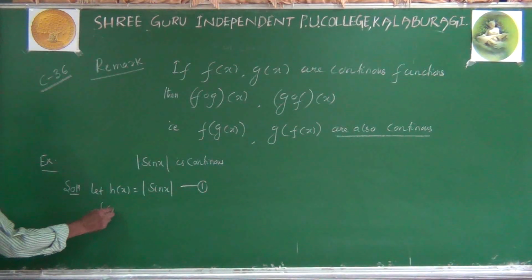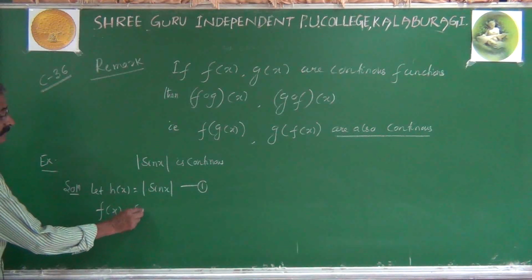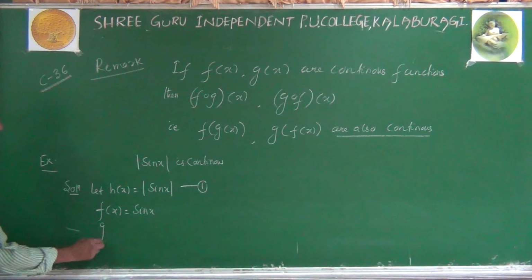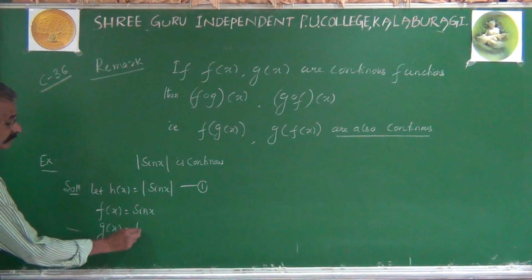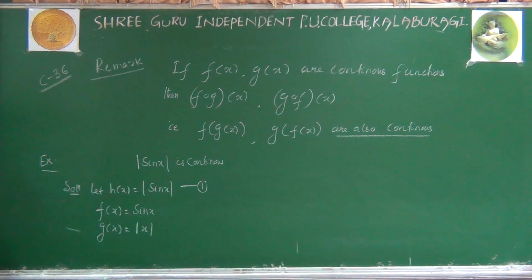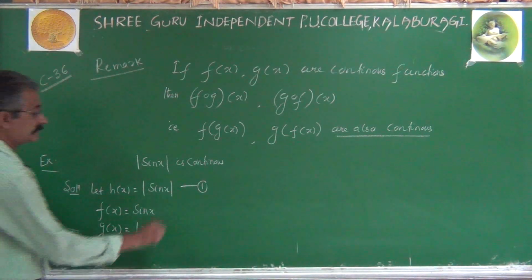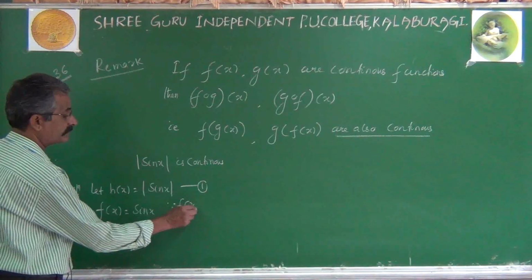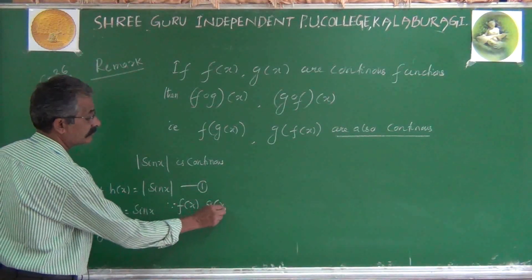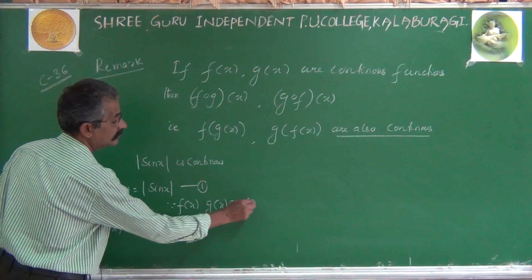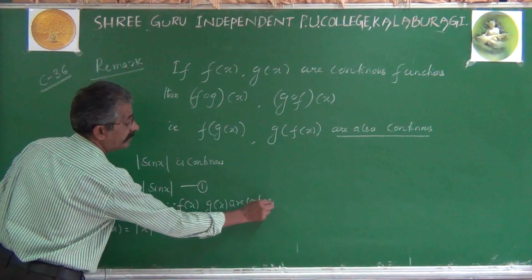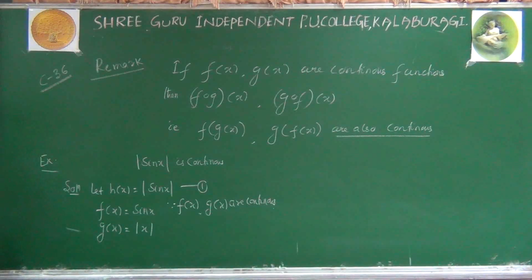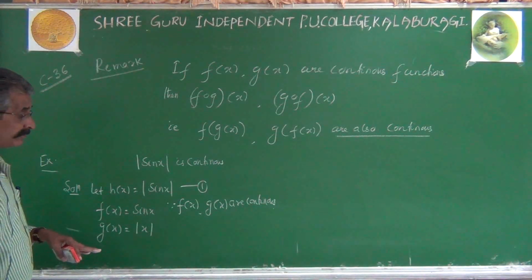Let us take f of x equal to sin x and g of x equal to mod x. Next, since f of x and g of x are continuous, we already know that sin x is continuous for all values of x, mod x is continuous for all values of x, hence now their composition is also continuous.